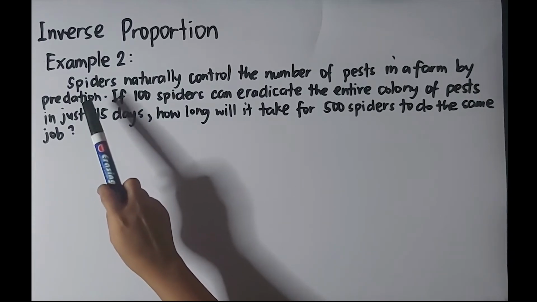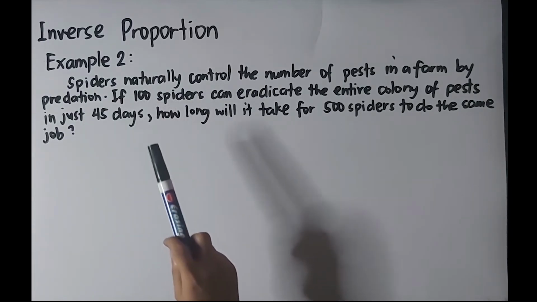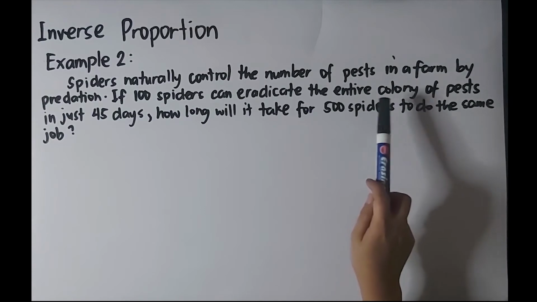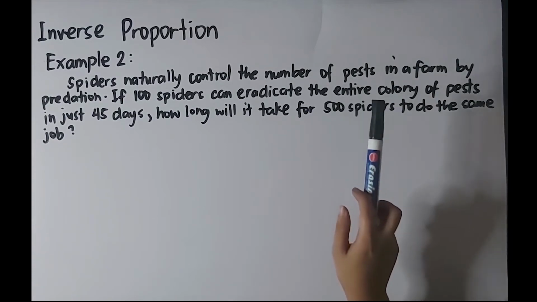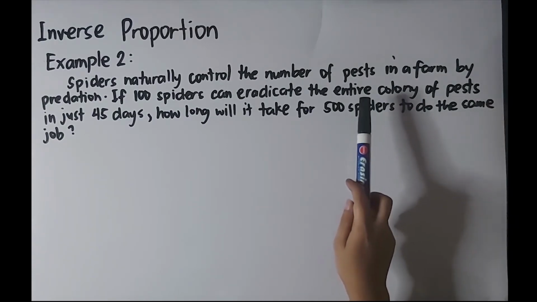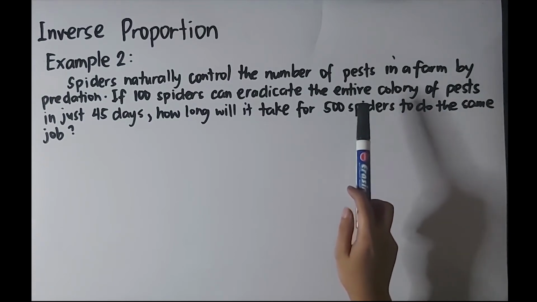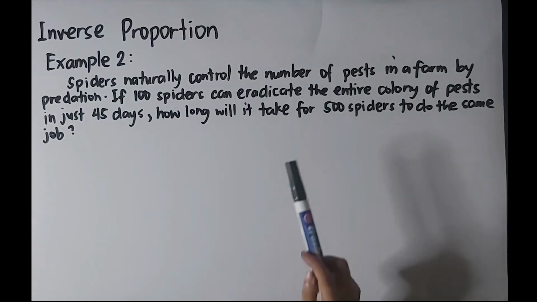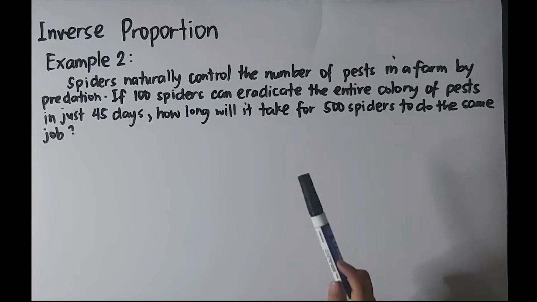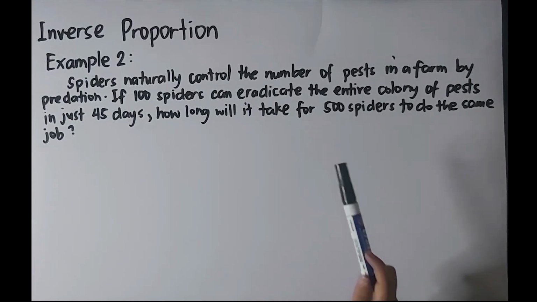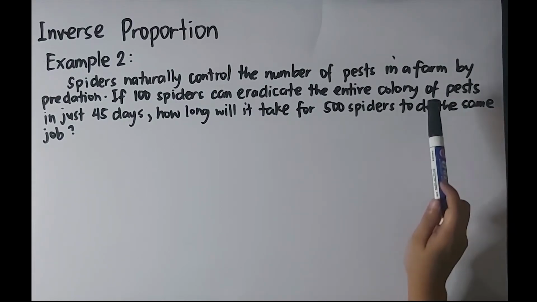So the spiders act as the predator and the pests, or let's say the insects, act as the prey. They are naturally eliminating the pests, which will help the farm.